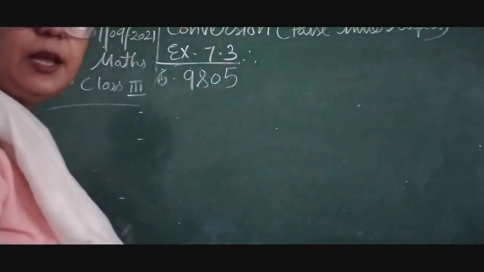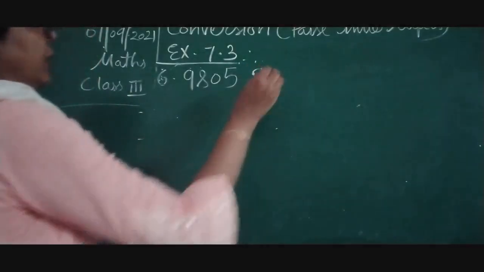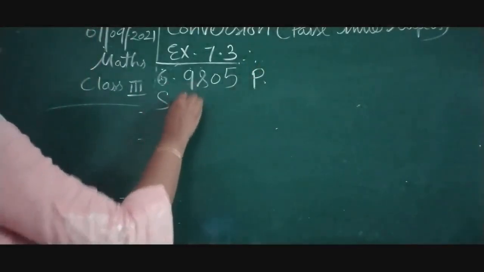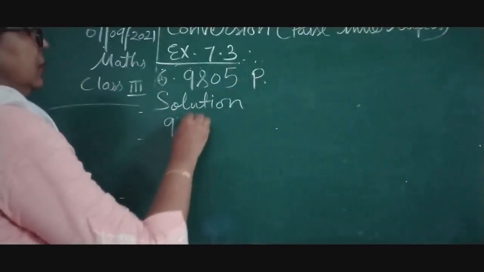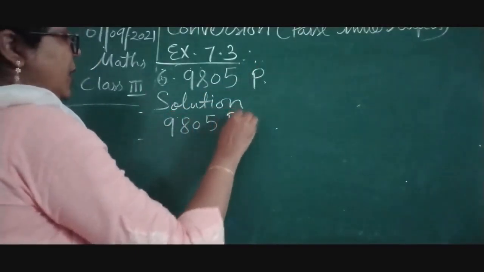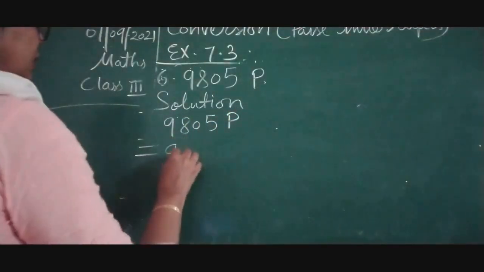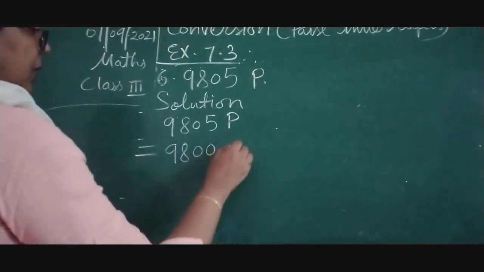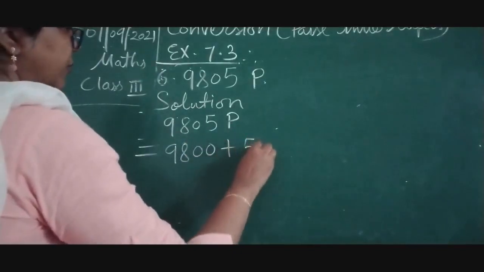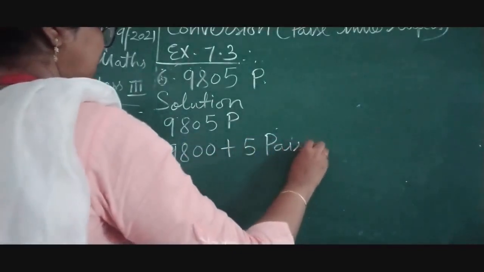It means 9805 paise. Okay. Now solution. 9805 paise equal to 9800 plus 5 paise.